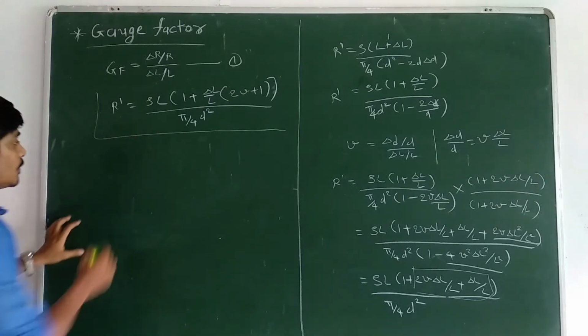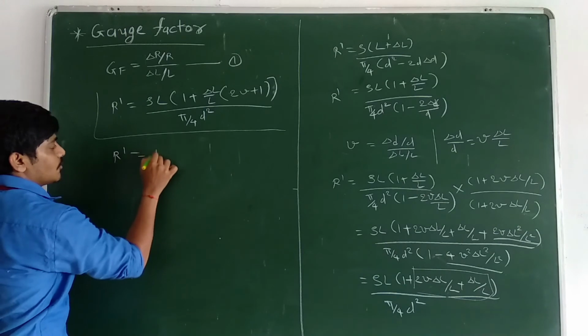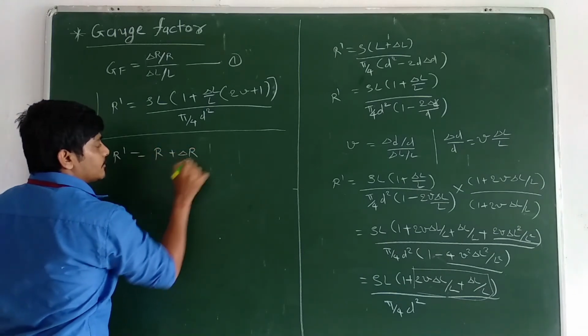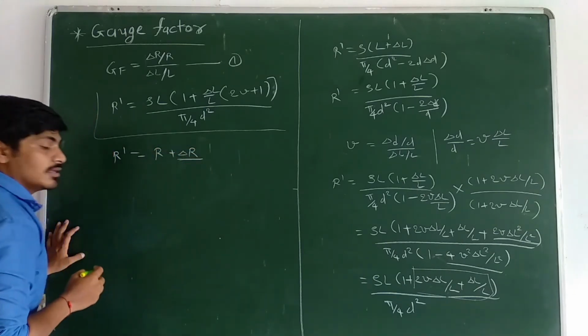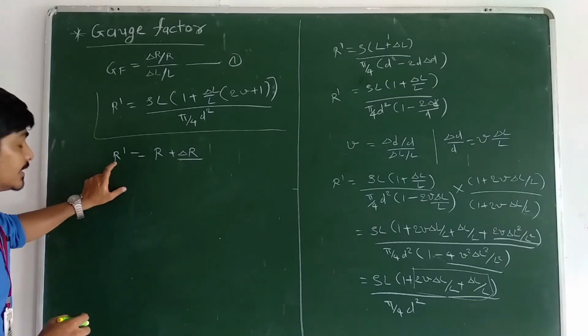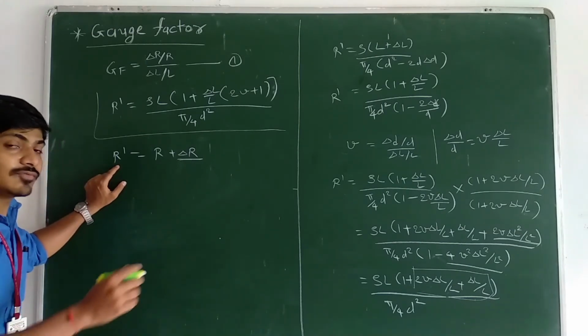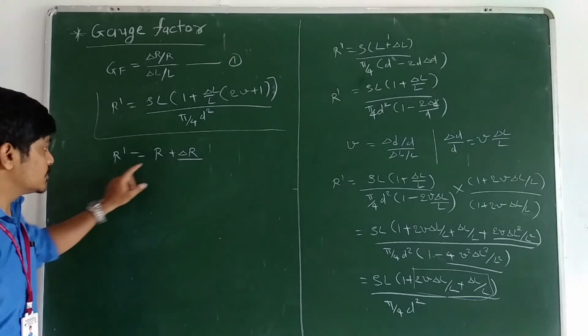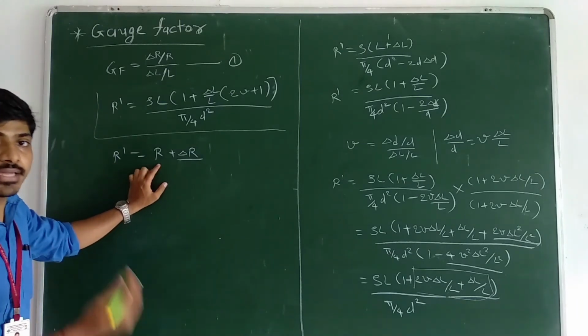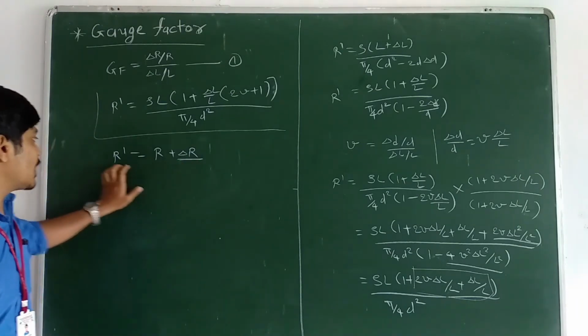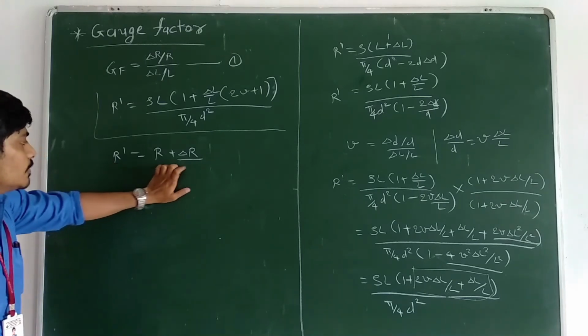Now we can also derive the change in resistance: R' = R + ΔR, right? Here ΔR is the change in resistance after applying any kind of force, and R is the actual resistance before applying any force.